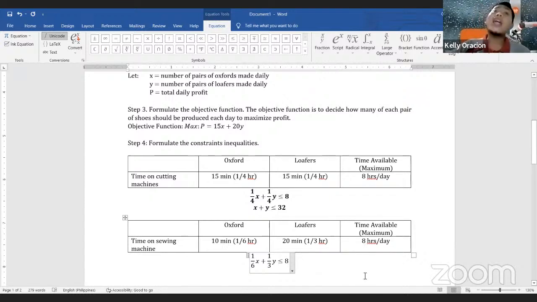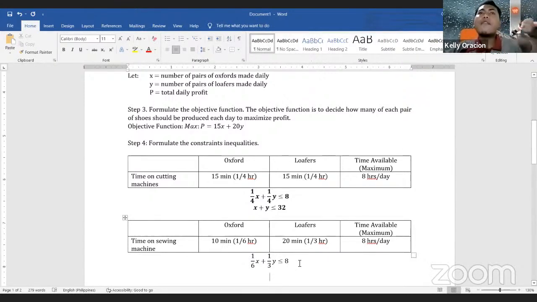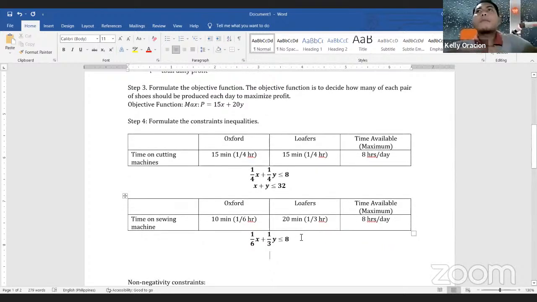Sir, fraction na naman ulit. So we can convert this one into whole numbers. Iba-iba sila ng fraction: for X it is 1/6 and for Y it is 1/3. The denominators are 6 and 3. What is the LCD of 6 and 3? The LCD is 6.